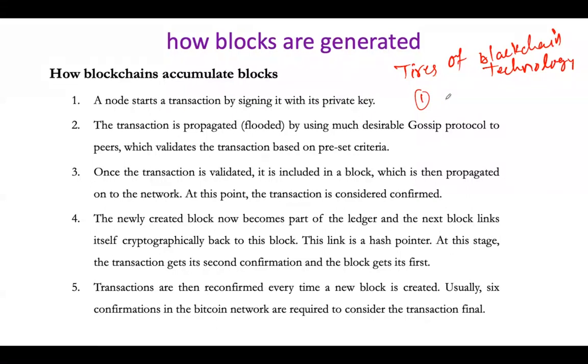The first one is blockchain version 1.0. This was introduced with the invention of Bitcoin and is basically used for cryptocurrencies.